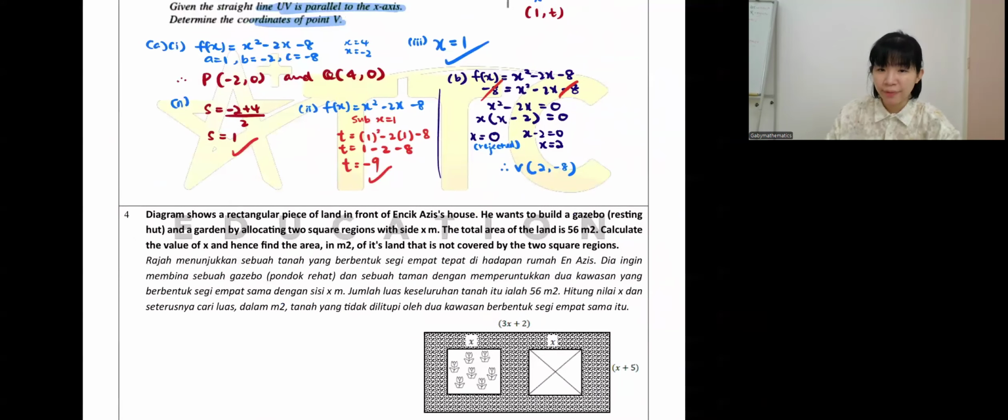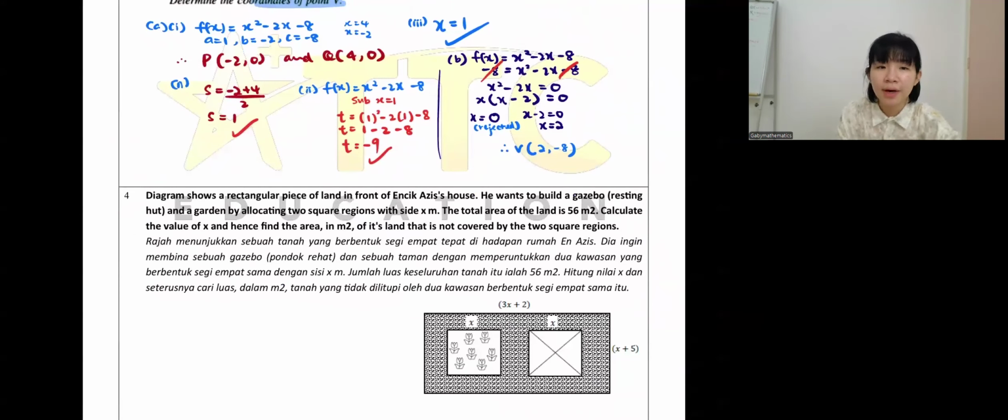Okay, let's go to number 4. Now, there is a rectangular piece of land in front of Encik Aziz's house. He wants to build a resting hut and a garden by allocating 2 square regions with side x meter. So in the middle there are 2 squares, both x meter.